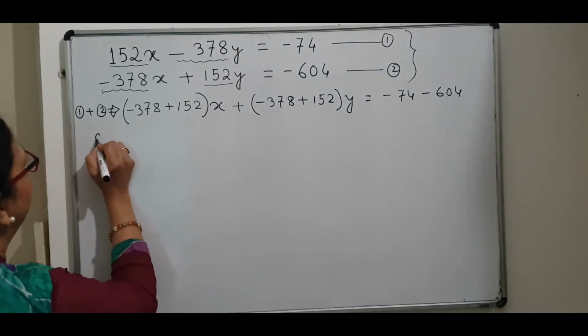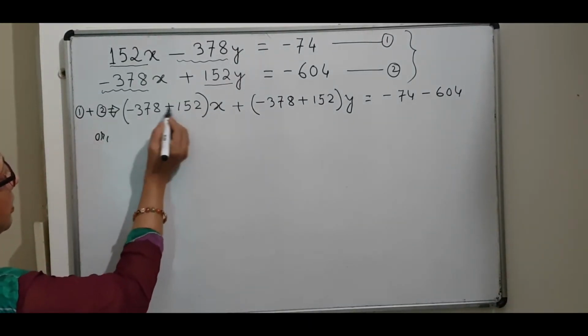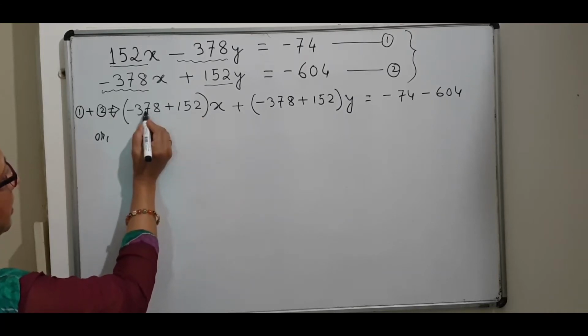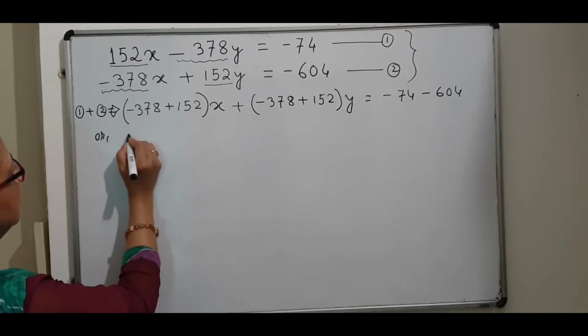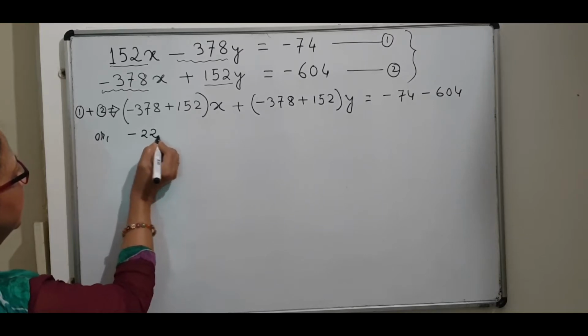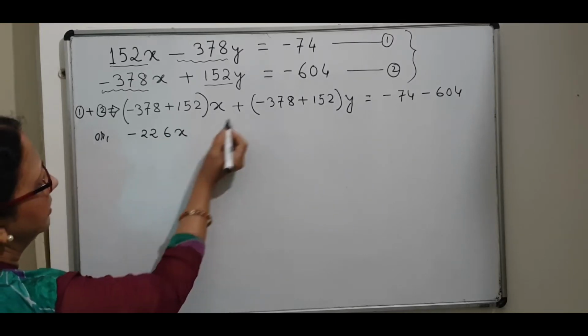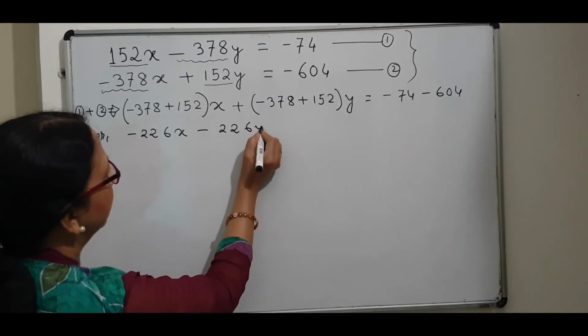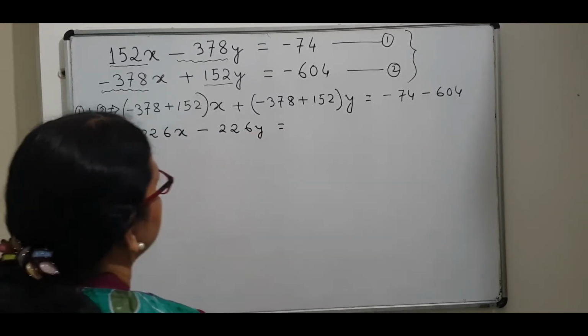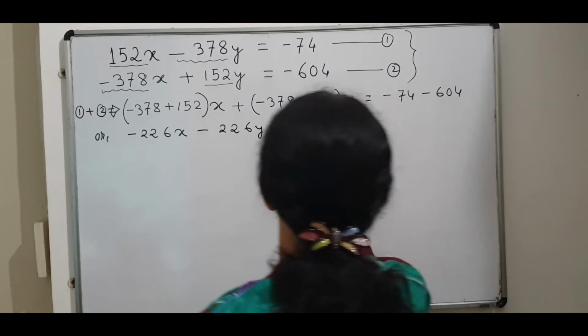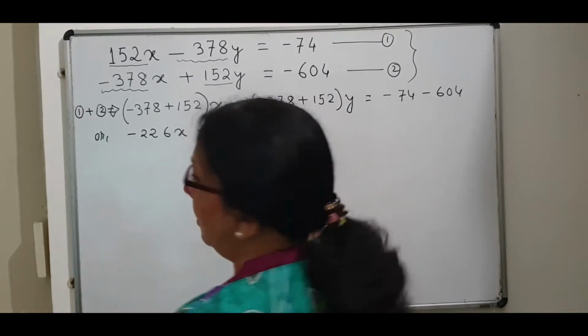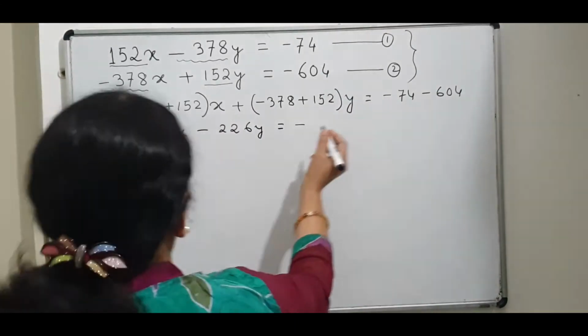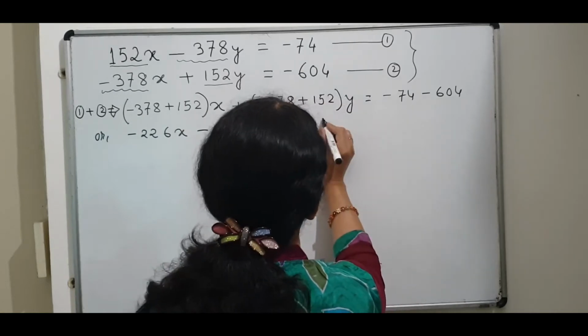What will happen: 152 minus 378, the sign is minus, 226 x, same thing, minus 226 y, and this will be minus 74 minus 604, that is minus 678.